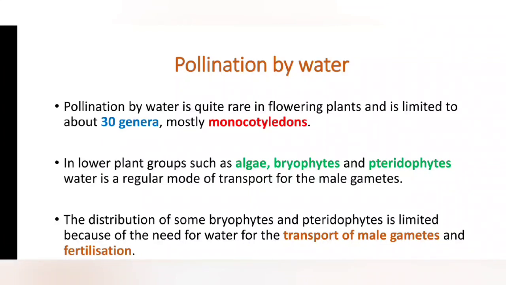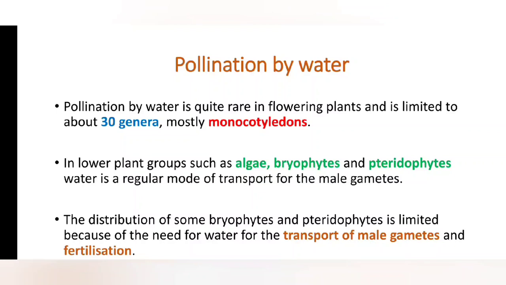In lower plant groups such as algae, bryophytes and pteridophytes, water is a regular mode of transport for the male gametes. In these groups, water is very much essential for the transmission of male gametes. The distribution of some bryophytes and pteridophytes is limited because of the need for water for the transport of male gametes and fertilization.